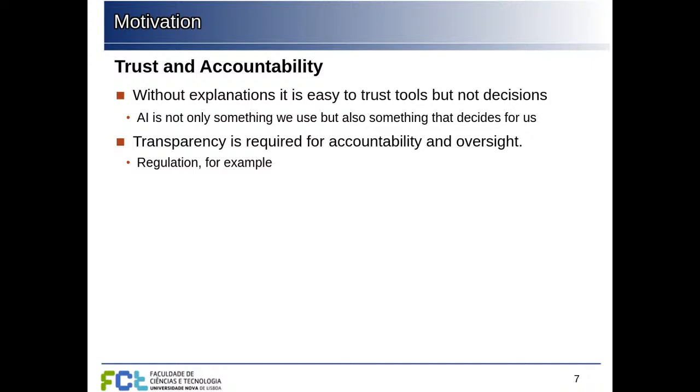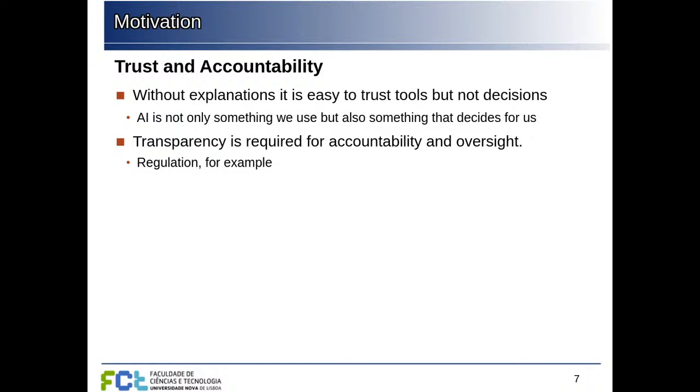So even if you don't understand very well how the tool works, how an engine works, how the microwave oven works, and so on, we still can use it with some trust if we know that it's reliable because we are in control. The problem with artificial intelligence and deep learning is that we are using those systems to tell us what to do, to make decisions for us or recommendations or do something without us having to intervene and decide. And this requires a different level of trust.